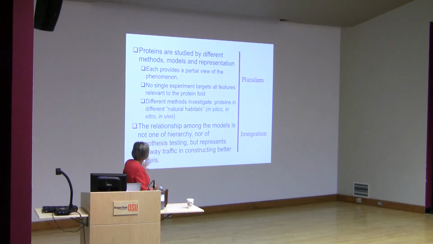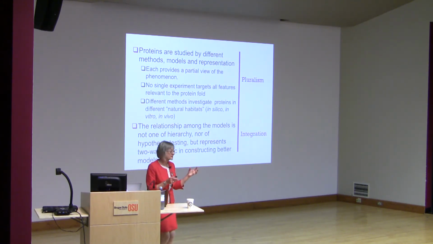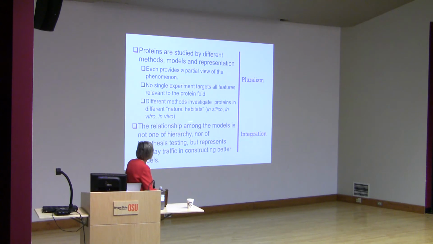Let me just give you the last philosophical bit. We look at one object, let's say proteins, with different methods. We end up with different models and representations. And because all of those only give us a partial view of what a protein really is made of and what it's like, we really have to integrate all of that.